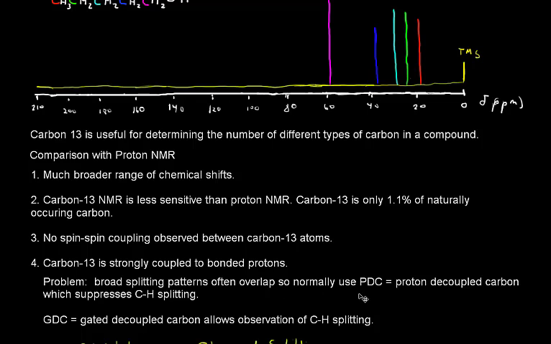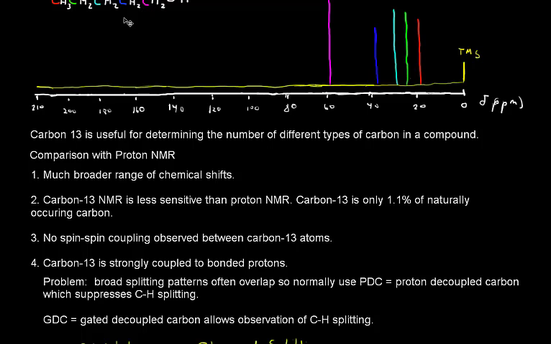To get around that problem, instead of a spectrum where we observe the splitting, we turn the splitting off using a type of carbon-13 spectroscopy known as PDC, or proton decoupled carbon. That decouples the protons, as the name implies, from the carbon, so there's no splitting observed. And that's what we're seeing up here. These each are a singlet, even though these carbons are bonded to hydrogens that actually do split them.